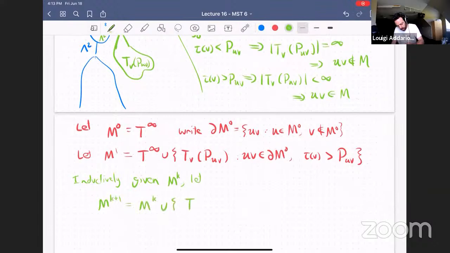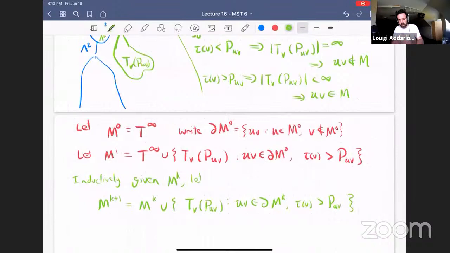So that's, again, trees of the form T_V, P_UV. But now UV should be in the boundary of the kth tree, and we still want that tau V is bigger than P_UV.